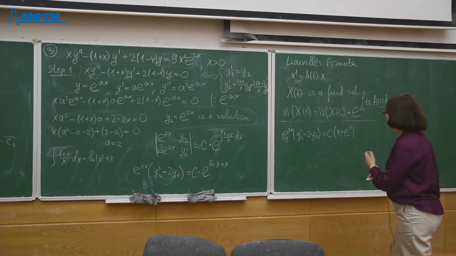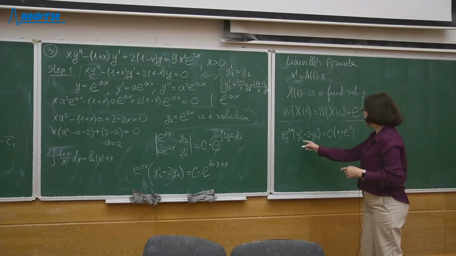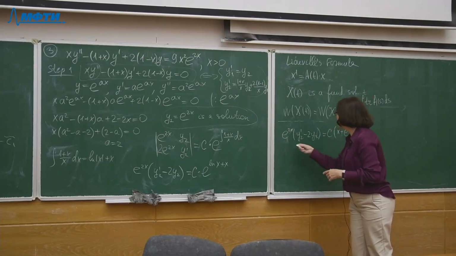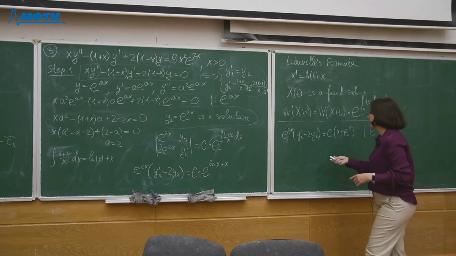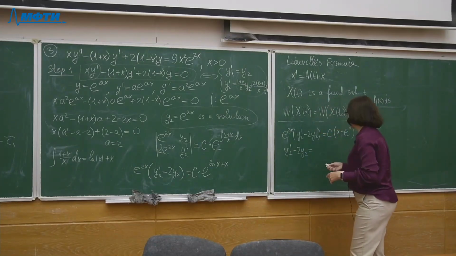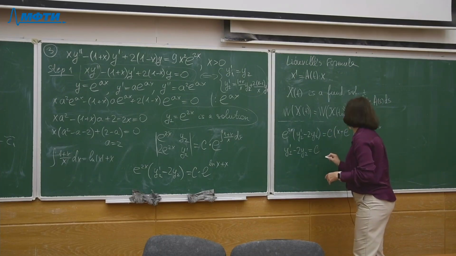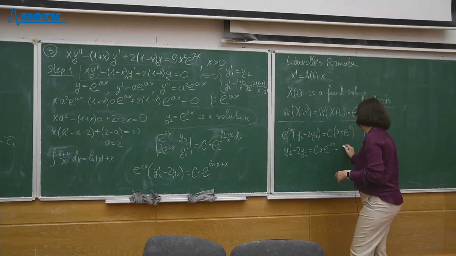Okay, and now I want to find y2. If I divide by e to 2x, I will get the equation y2 prime minus 2y2 equals c x e to negative 2x plus c e to negative x.